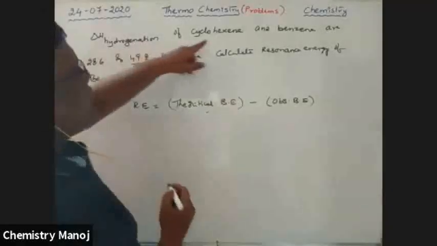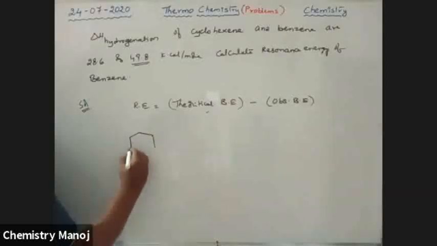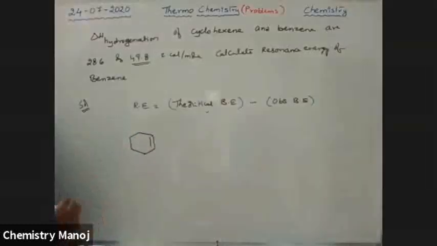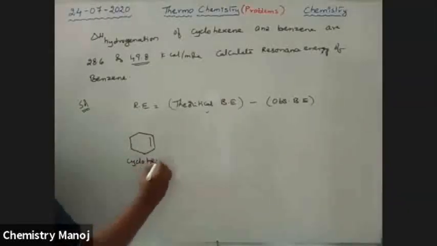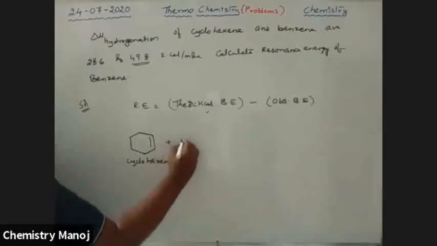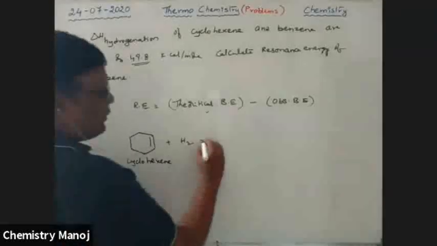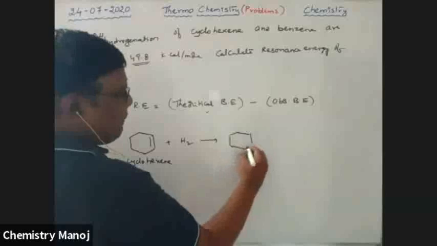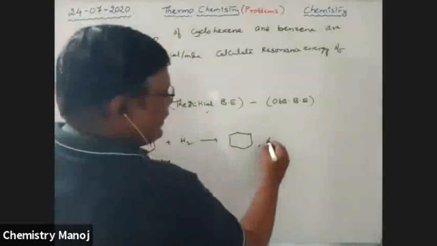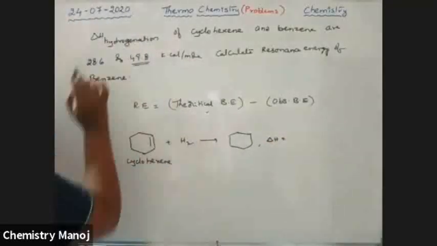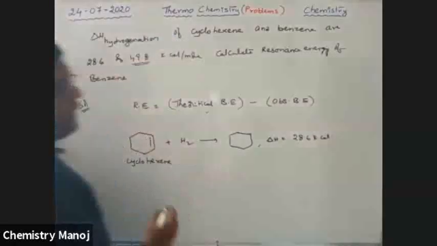See here. This is cyclohexene. On hydrogenation, addition of hydrogen, it gives cyclohexane. During this process, heat is released, delta H is 28.6.